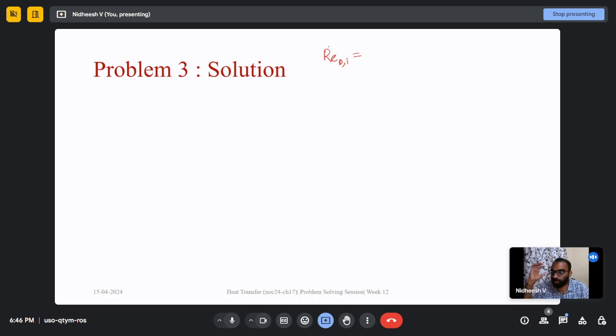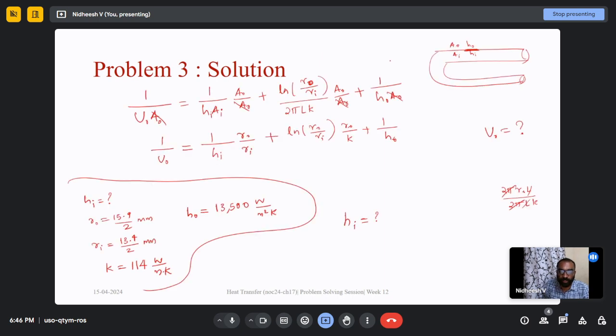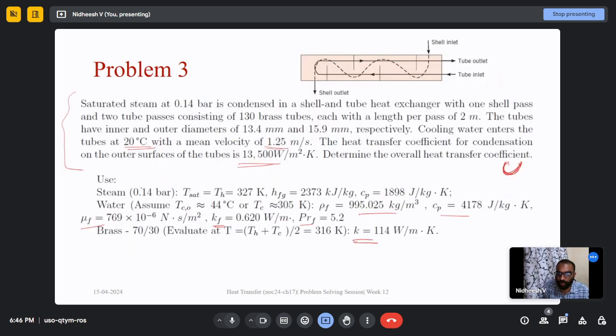It would be density into mean velocity into diameter at the inlet divided by kinematic viscosity, right? We know all these quantities from the question.